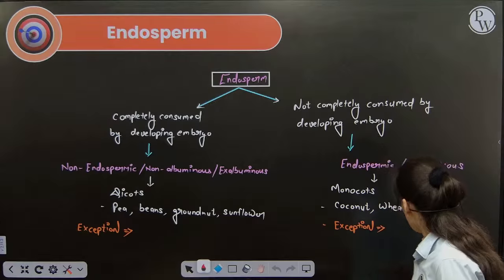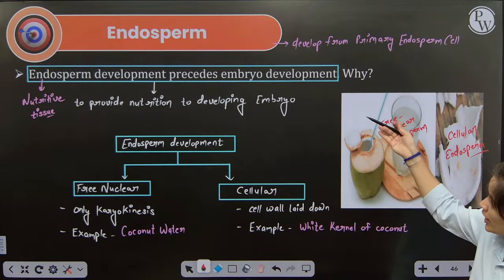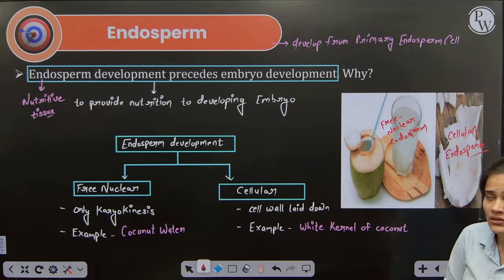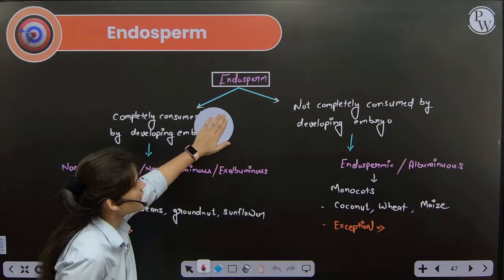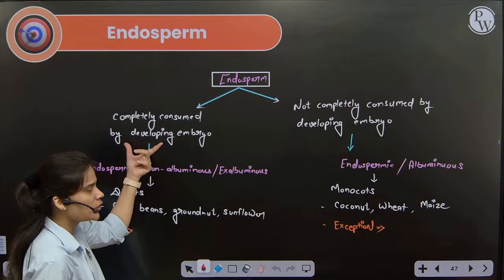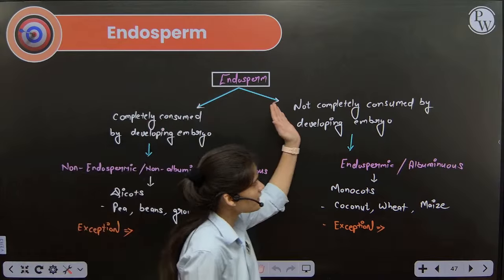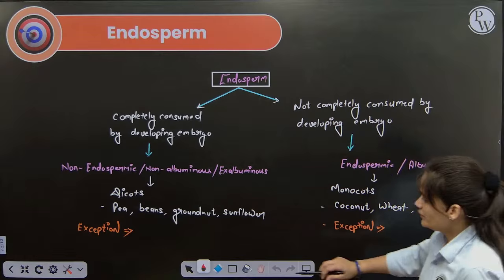Next, this endosperm is utilized by the developing embryo as nutrition. There are chances that this endosperm can be completely consumed by the developing embryo, or chances are also that this endosperm is not completely consumed by the developing embryo.